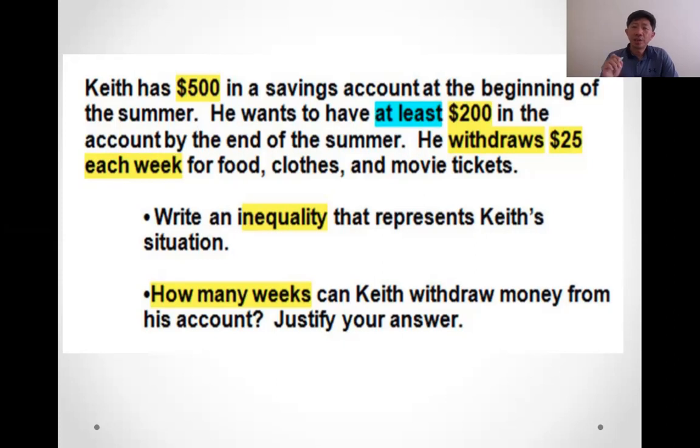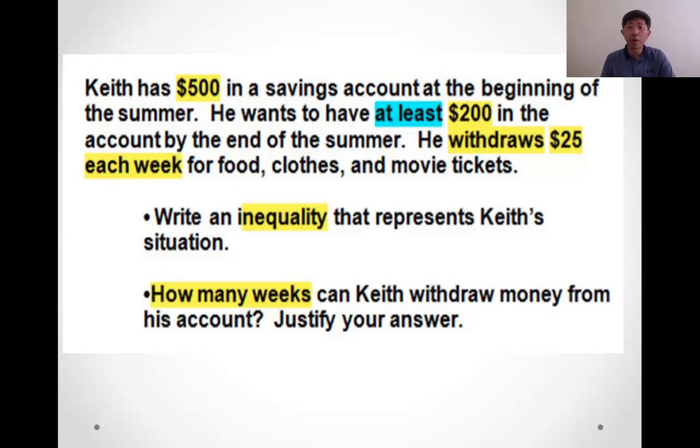This is like a real world example. Sometimes you have inequality, and then a student will ask you, inequality, is it going to be used in my life? Yes. Look at this word problem. Inequality.